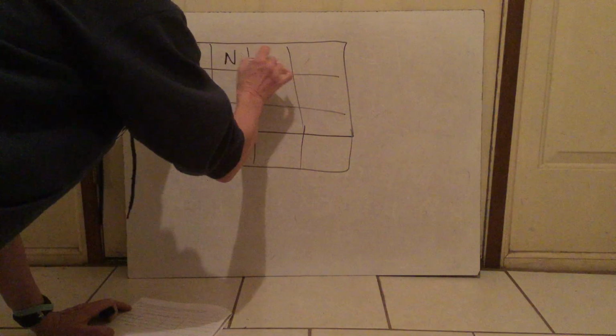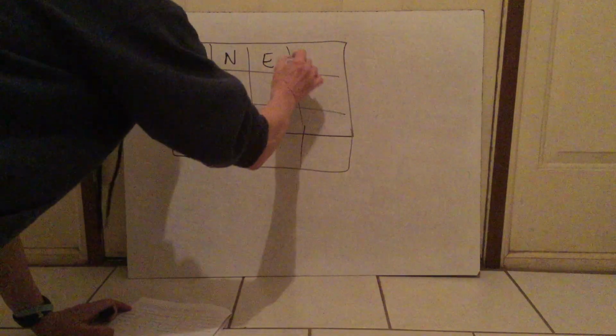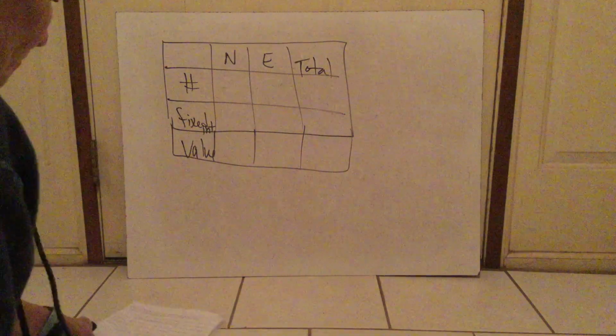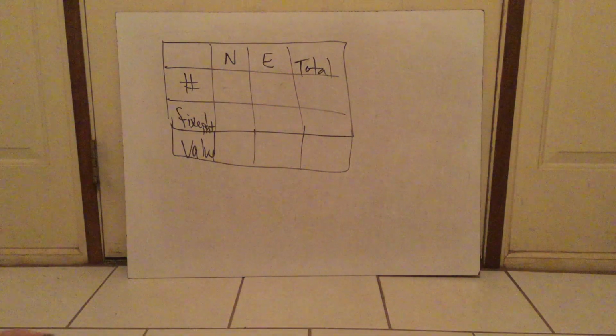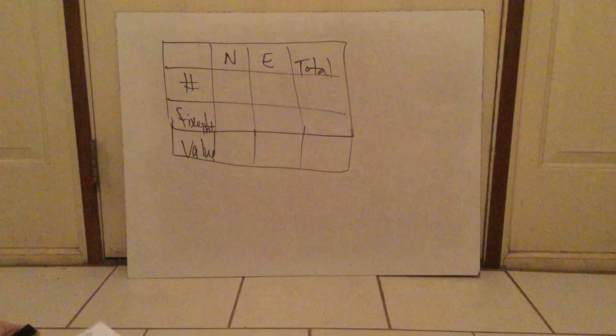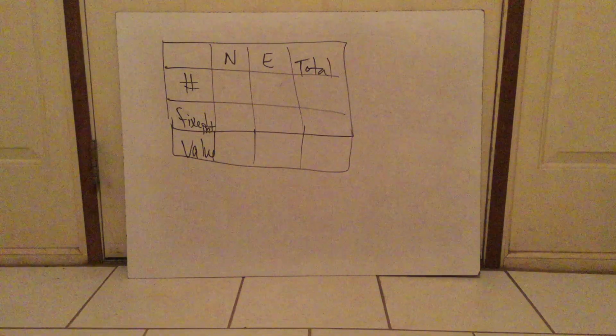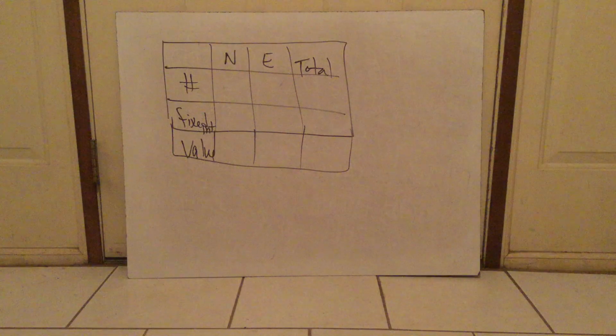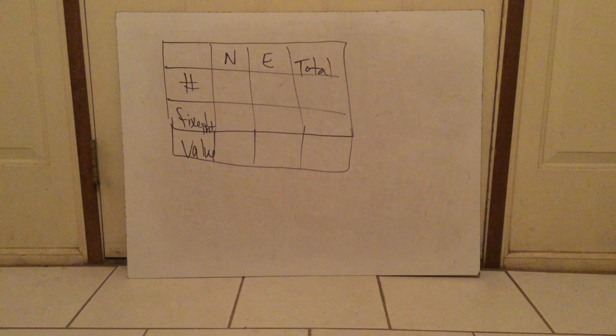So we have necklaces, earrings, and total. Okay? So hopefully you have the sheet. If you don't, it's in Schoology. This is the linear programming sheet, and it's problem number 2. It's about Mackenzie making necklaces and earrings.